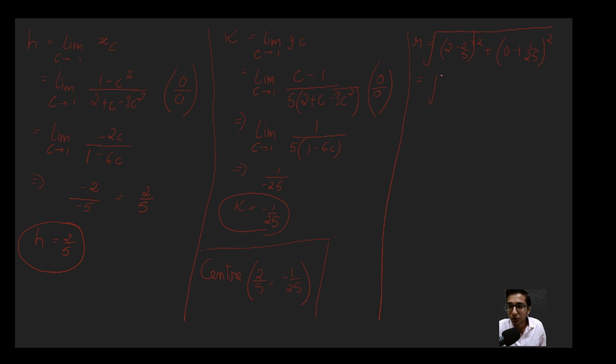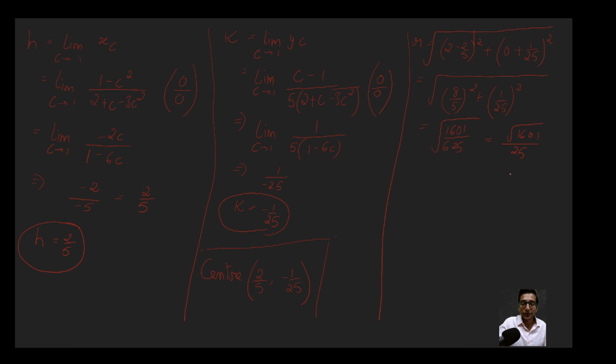So from here, 5 2s are 10, 10 minus 2 becomes 8 by 5 whole square plus 1 by 25 whole square. What is my final result that I'm going to get? Root of 1601 upon 625. So this is my radius, or I can simplify this to root 1601 by 25 as well.